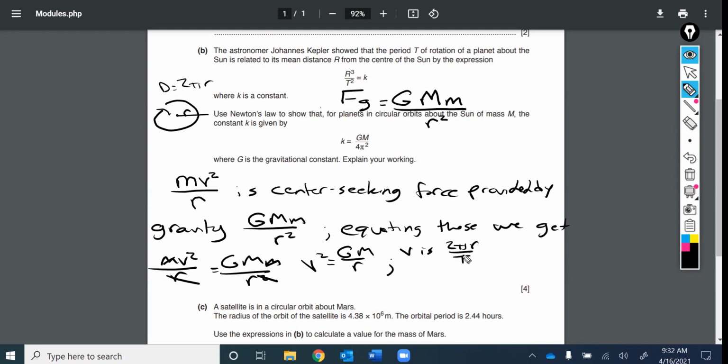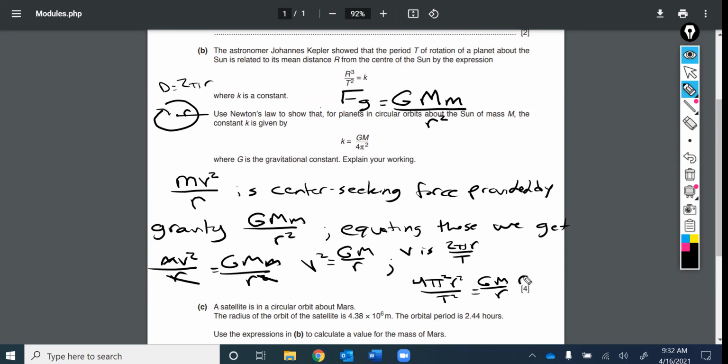As we said on the chalkboard, substituting that in for v, we get 4 pi squared r squared over T squared equal to GM over r. And remember, we're trying to show that there is this constant that's equal to r cubed over T squared. So let's try to put that all on one side of it.